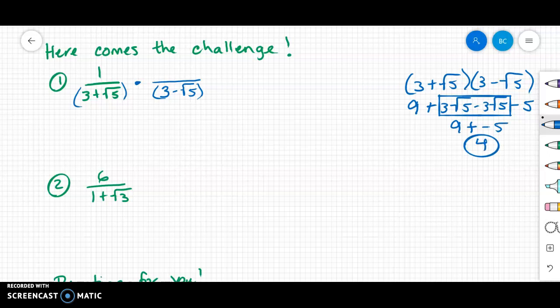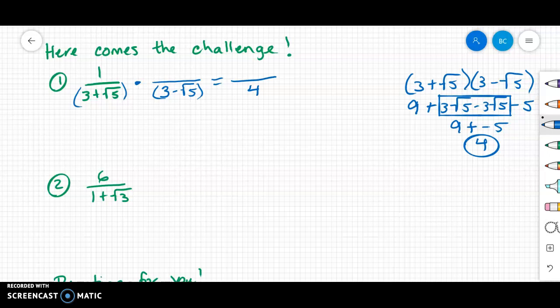So I'm going to come back over here to this problem. I've identified the conjugate. Notice that it has the opposite sign of the original binomial. I've multiplied my first terms, my outer terms, my inner terms, and my last terms, and I ended up simplifying that to be 4.